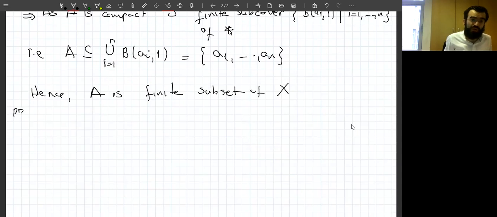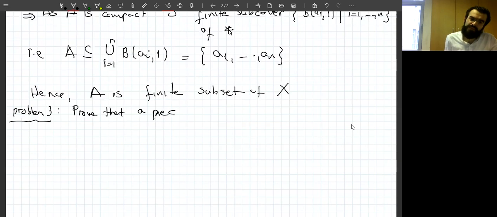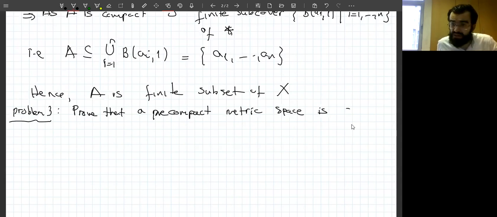What about Problem 3? Problem 3. Prove that a pre-compact metric space is separable.